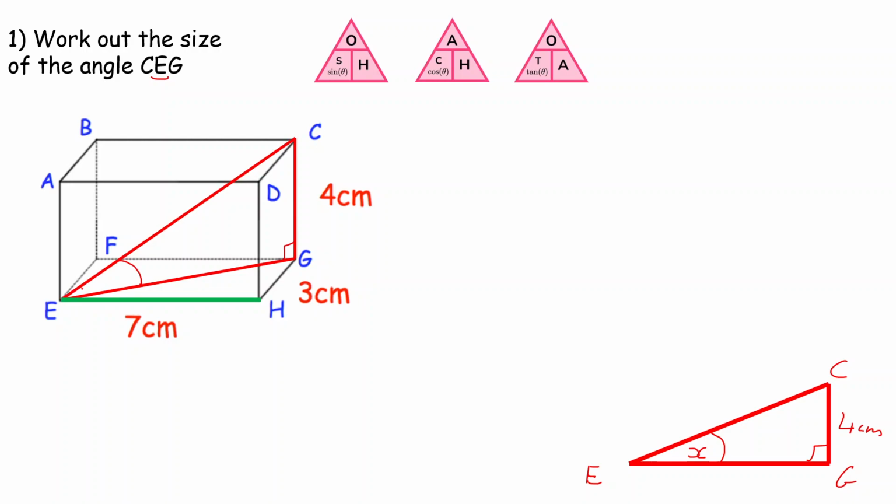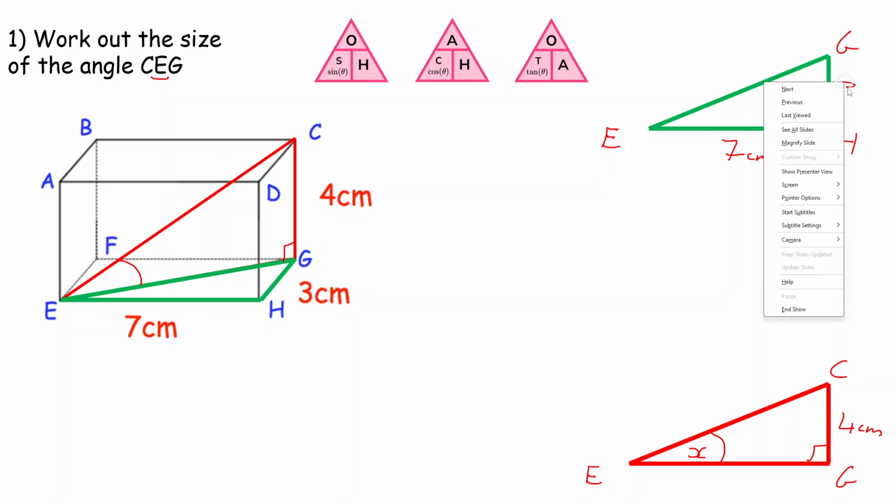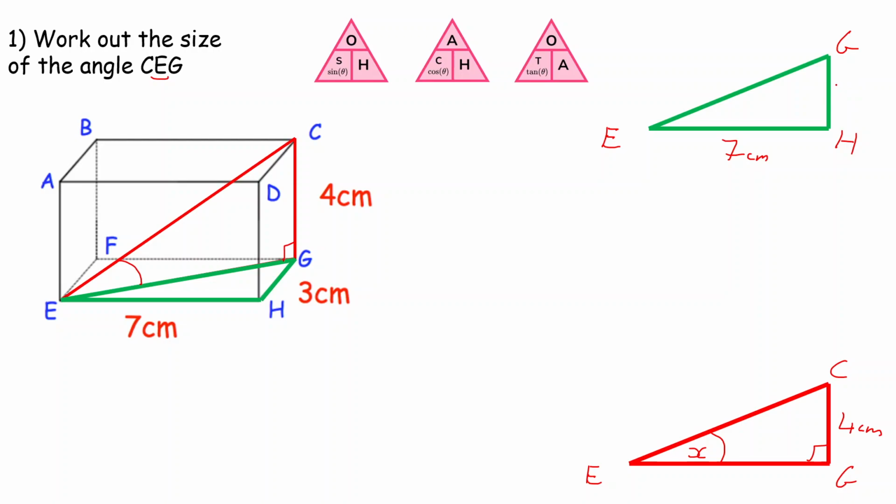I can do that by looking at triangle E, H, and G up here, because on this triangle, I know what E to H is, because it's 7 centimeters. I know what H to G is, which is 3 centimeters.